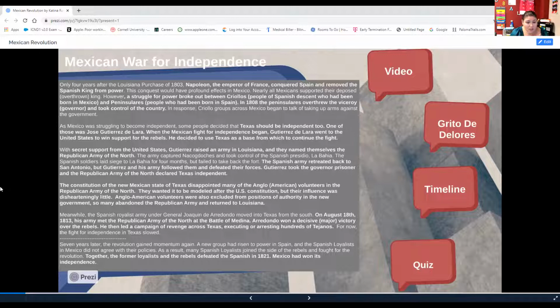So here are a couple things to think about. On Wednesday, we talked about centralism and federalism, and we looked at what was going on in Spain. Spain was a centralist government. Basically, that means we had a monarch who was the center, and from there they controlled everything. With Napoleon gaining power in Europe and on his way to becoming a master controller of the continent, he took over Spain.